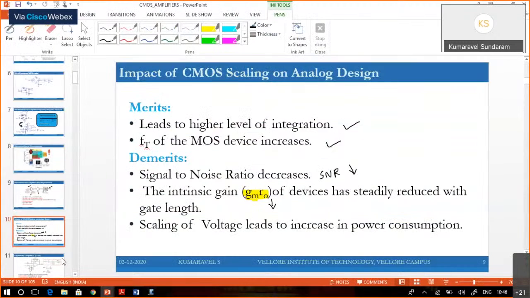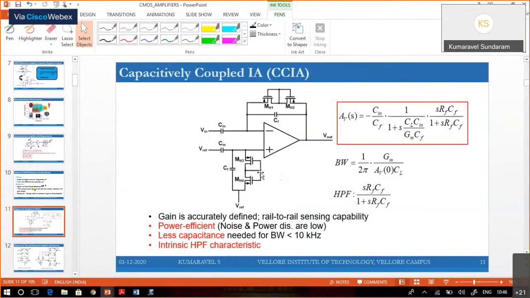So the front-end amplifier is shown in this figure. This is a capacitively coupled instrumentation amplifier. The transfer function is given as Cin by Cf, by 1 plus s Cl Cin by gm Cf, into 1 plus Rf Cf.